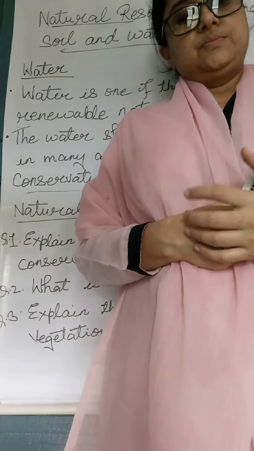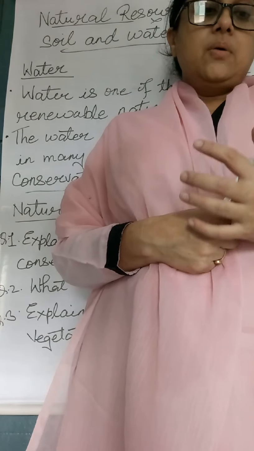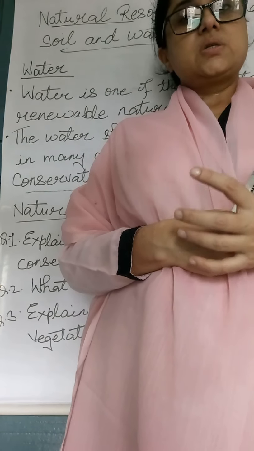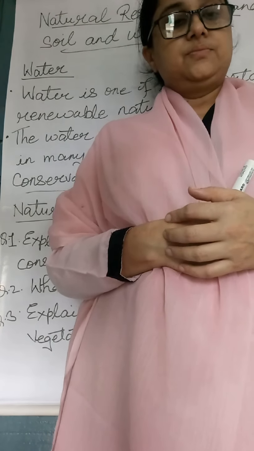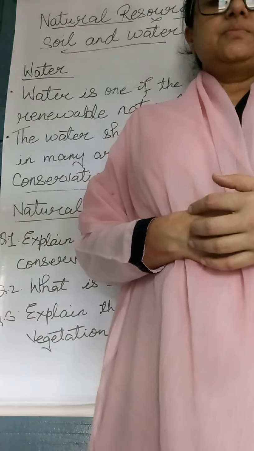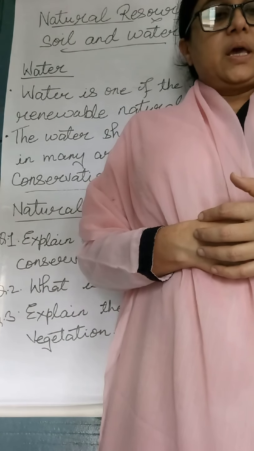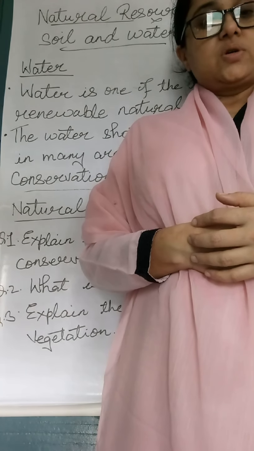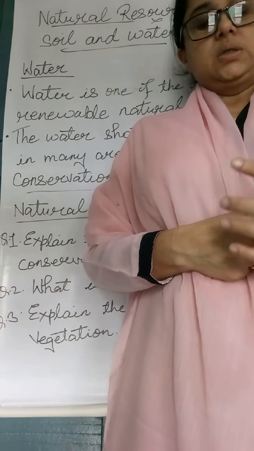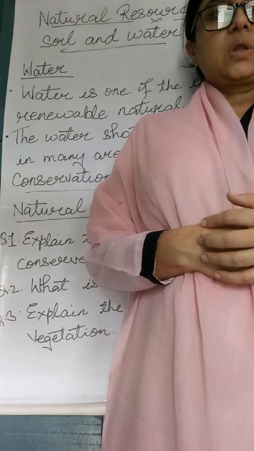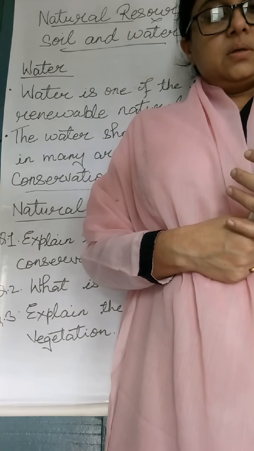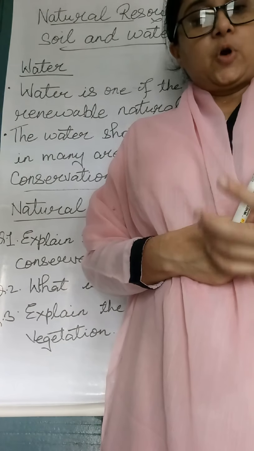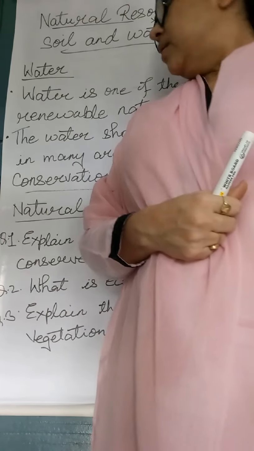Fresh water is one of the most valuable natural resources on earth. Water is a renewable resource and its total volume is more or less constant over the earth. It needs to be conserved and managed properly.